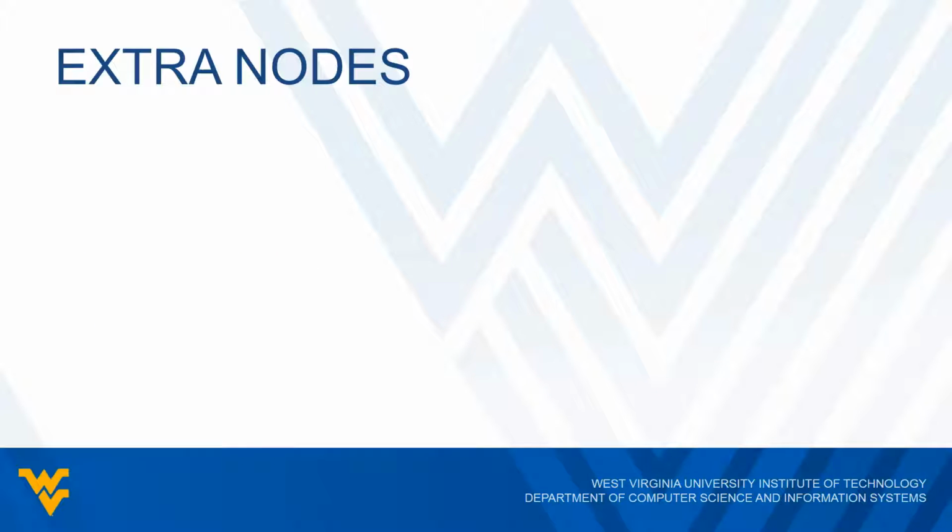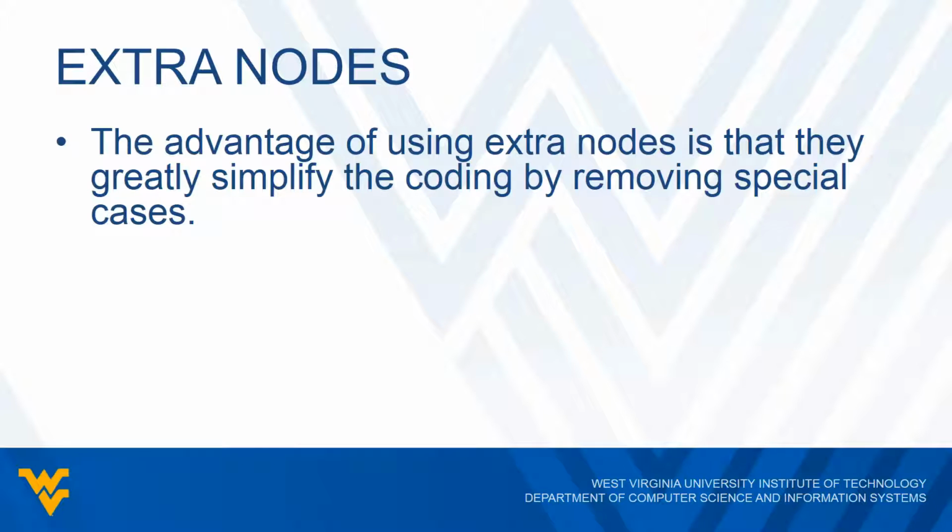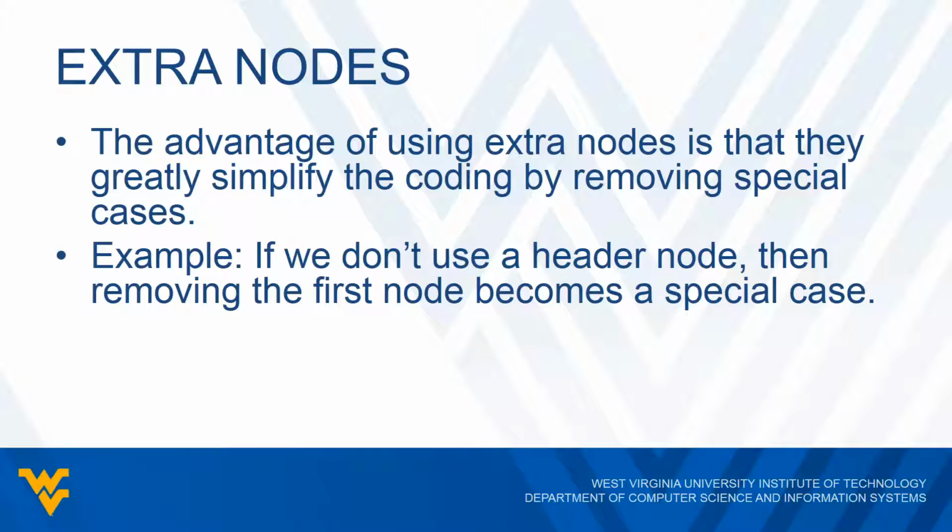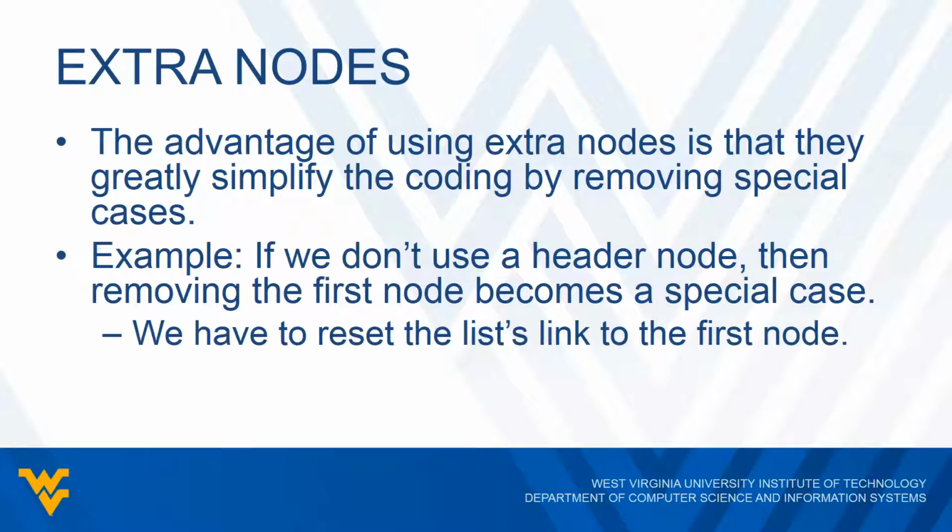The nice thing about using these sentinel nodes is that it helps simplify how we code all the operations because we remove several of the special cases. Let me give you an example. Let's say we don't use a header node and we want to remove the first node from our linked list. This now becomes a special case because we're going to have to change the list's link to the first node.